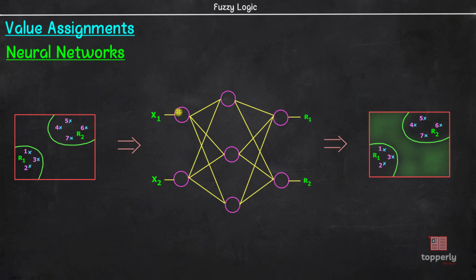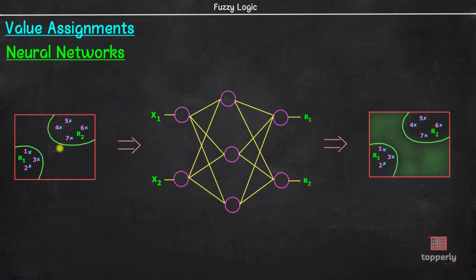Once the neural network is fully trained, we can check its performance by a checking data set whose input output relation is known to us. If it passes the check, we can then use the trained neural network for assigning membership values of unknown data points in the fuzzy set R1 or R2.